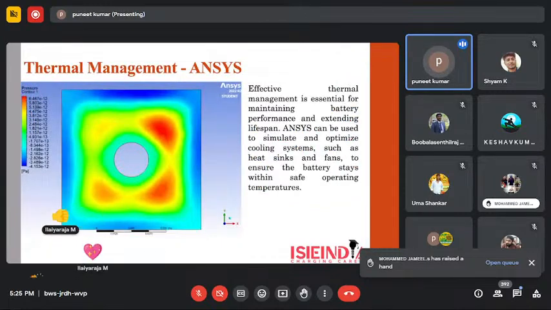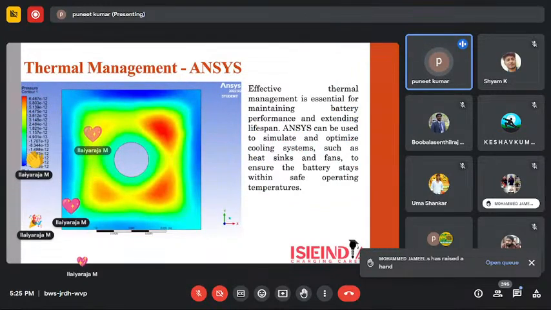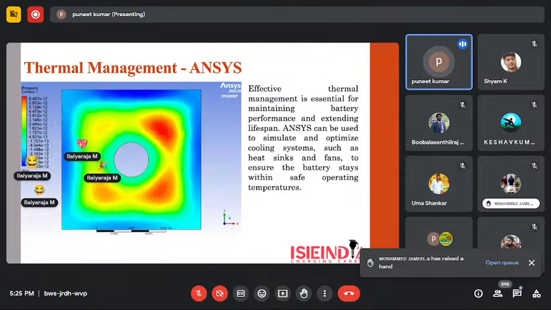Whenever you do the thermal management analysis or convection analysis in ANSYS, we usually go with 3 results. One is pressure, obviously. Then another is temperature. Once you have a cluster of cells, your temperature result makes more sense.